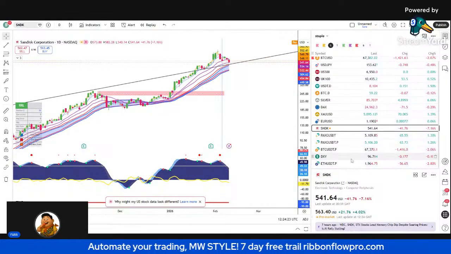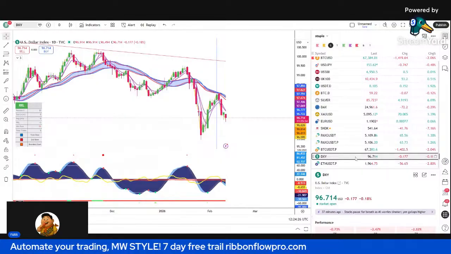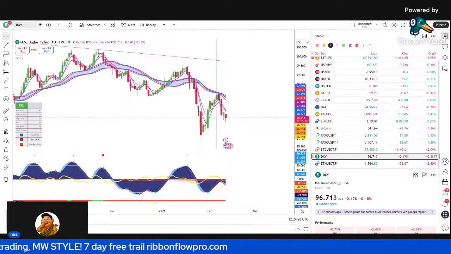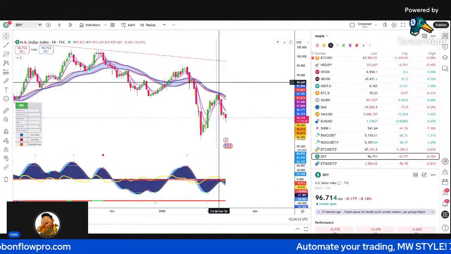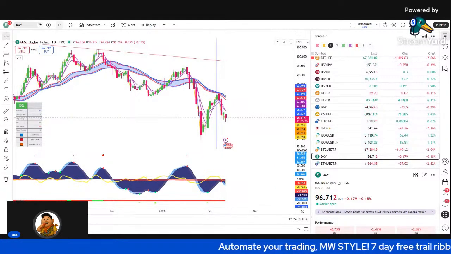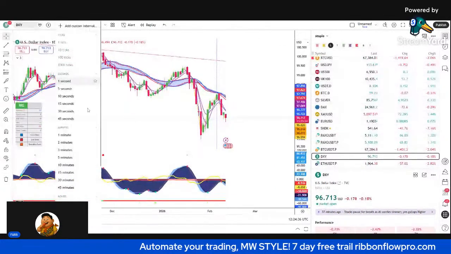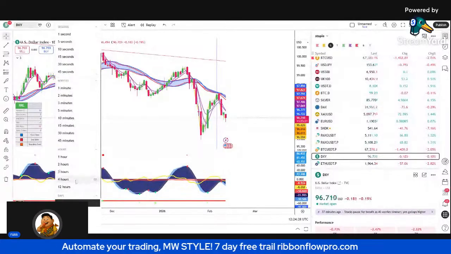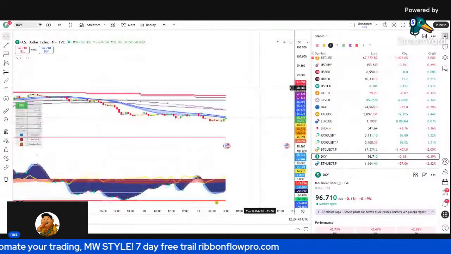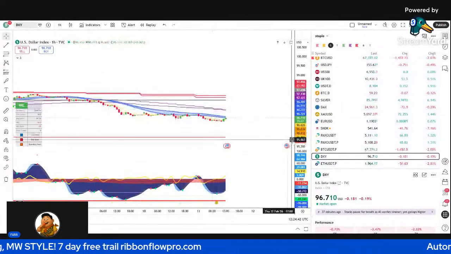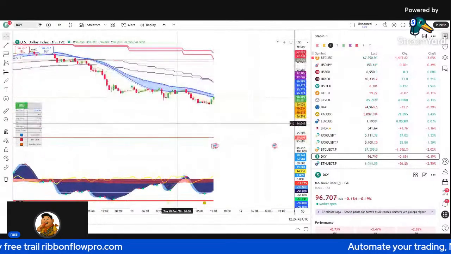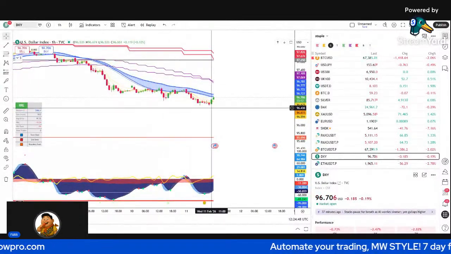And let's have a look at the DXY. DXY rejected off the daily on that Friday spike, underneath the 4 hour. We have issued a little buy down here, but we're moving down.